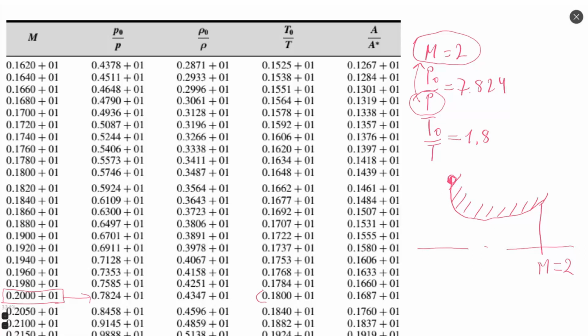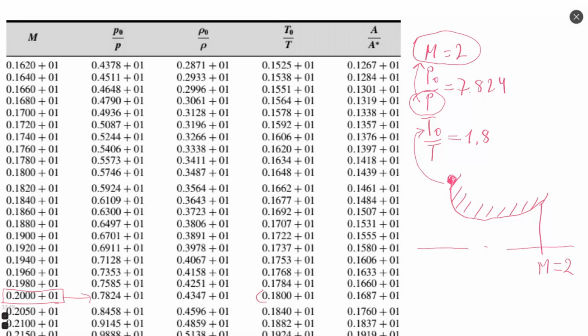We measure temperature anywhere we want, right? For example, I measure it in the stagnation point. So if I measure temperature in the stagnation point, then according to my function, I will know that temperature at the point of Mach 2 will be 1.8 times smaller than stagnation temperature.